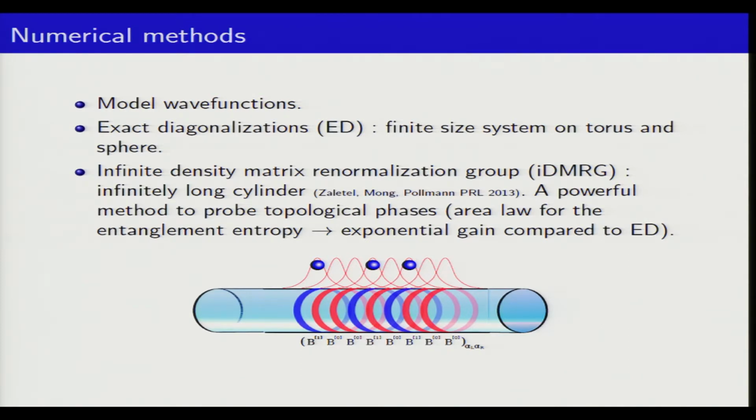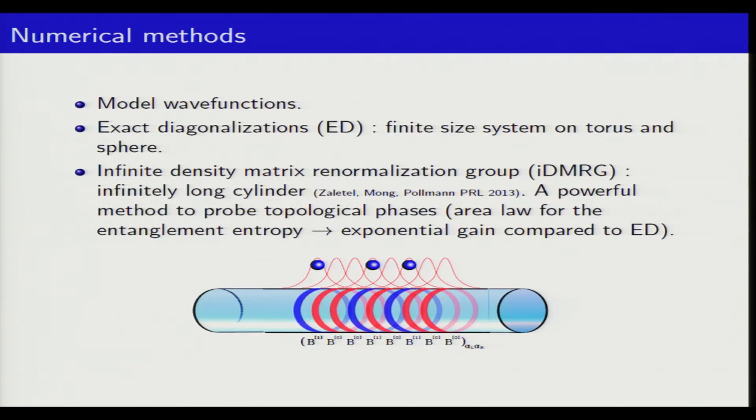But maybe the most unbiased way is just to say, look, we will take a small number of particles, we write the Hamiltonian for the small number of particles and just brute force diagonalize it. It's a finite size calculation that you can realize on a closed geometry like a torus or a sphere. And that's really helpful to grasp what's going on and what kind of phase can emerge in these systems.